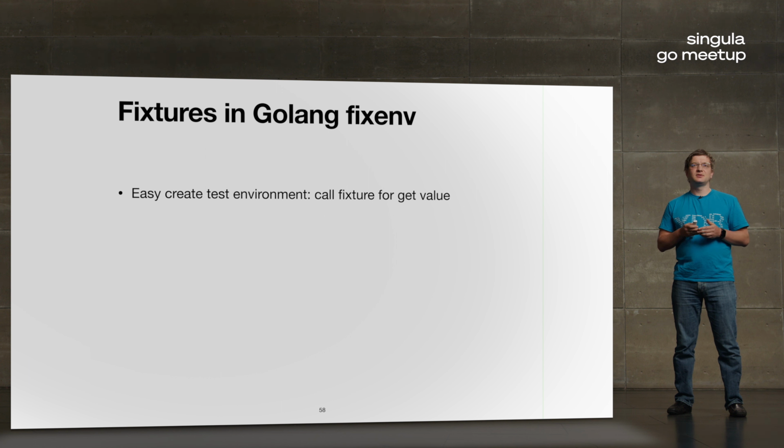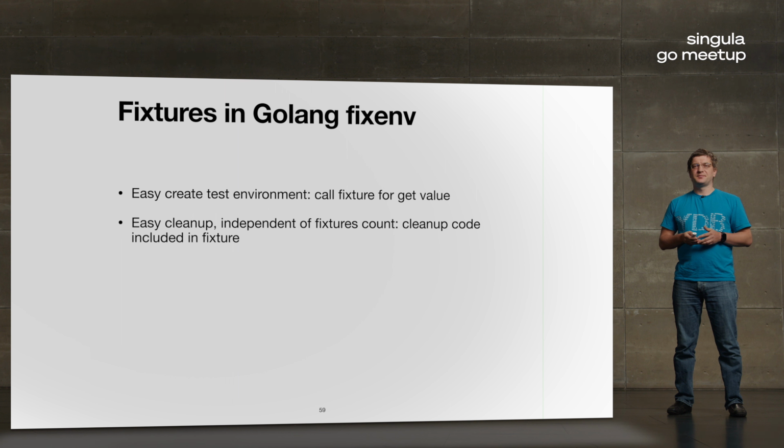Fixtures in Golang with fixenv. Easy to create a test environment. In test code, you simply call a fixture and get the result value. You don't worry about creating the environment. All will be created in fixture code.